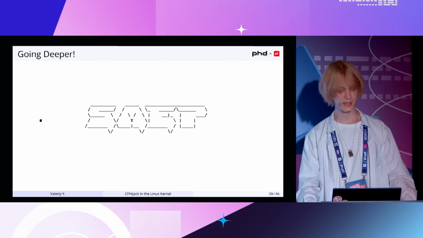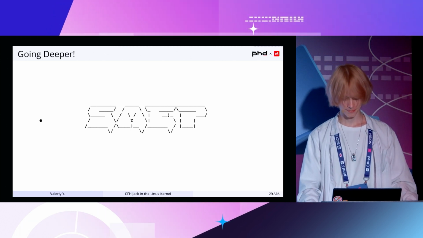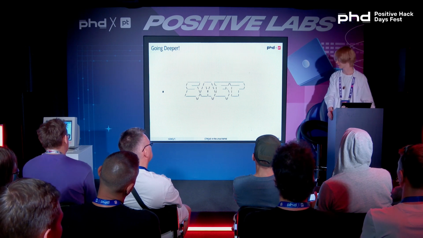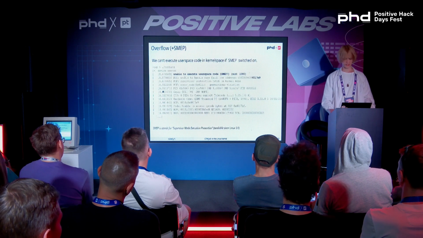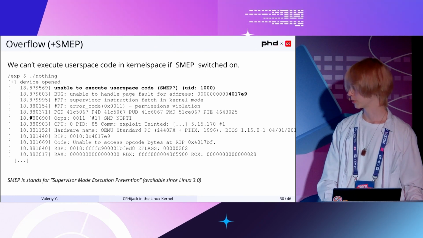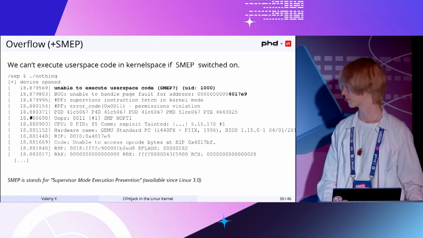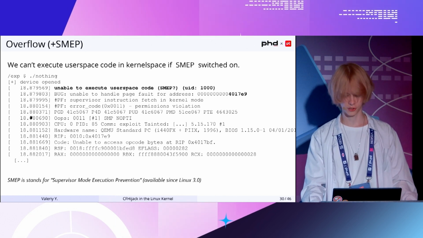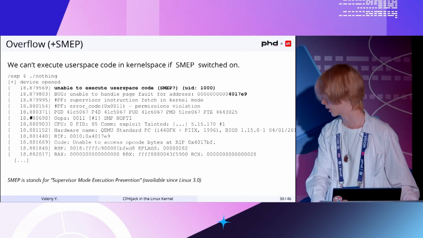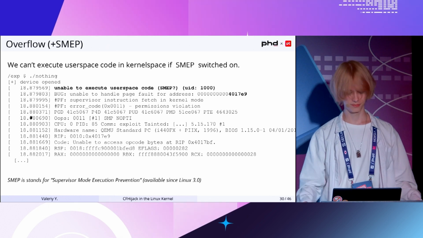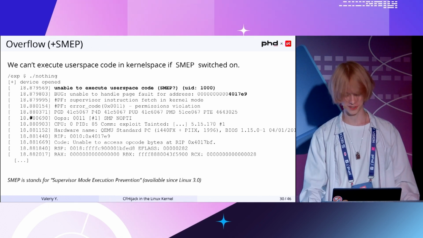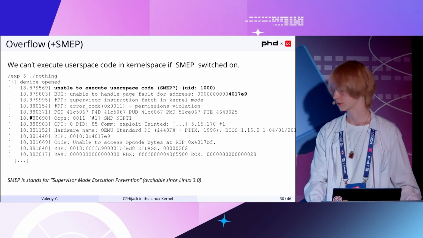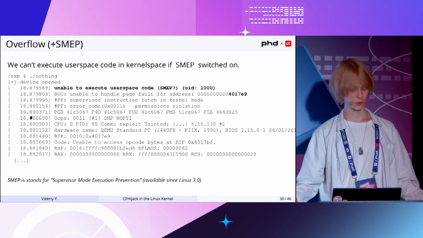The next thing I'd like to talk about is the SMEP. This is a kernel protection means that can be a huge obstacle. For instance, if you try to use the previous exploit with the SMEP, supervisor mode execution prevention, on, then the kernel will not grant you access, and it'll say unable to execute user space code.